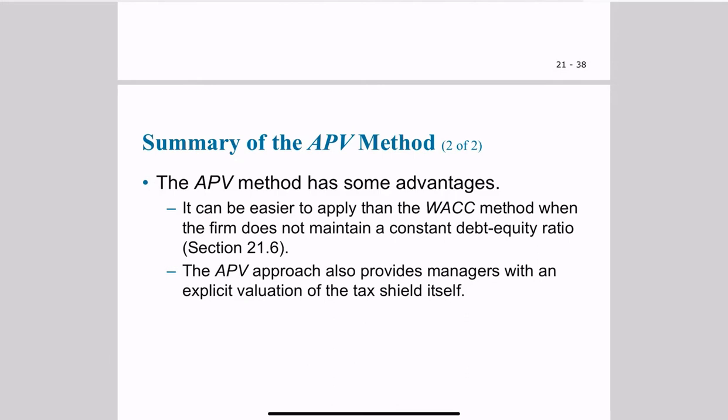So you will first start with the unlevered value, and then you will adjust that unlevered value. How do you make the adjustment? Well, you will calculate the present value of the interest tax shield, and then you will add the unlevered value and the present value of the interest tax shield, which will give you the levered value.